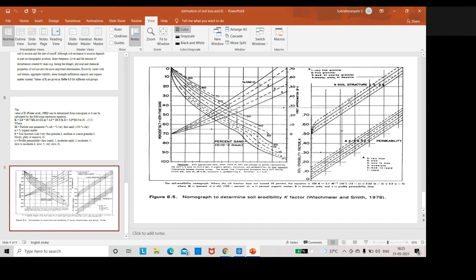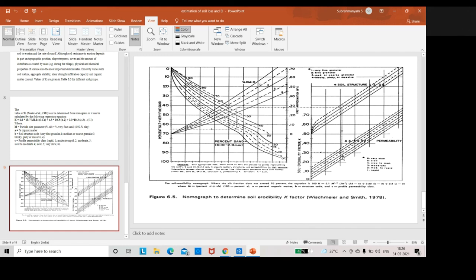Then we will take the soil structural values and permeability values also under consideration. The first approximation of K is coinciding here. The structural value is given as 2, and 0.285 are coinciding here, and the permeability is 4.